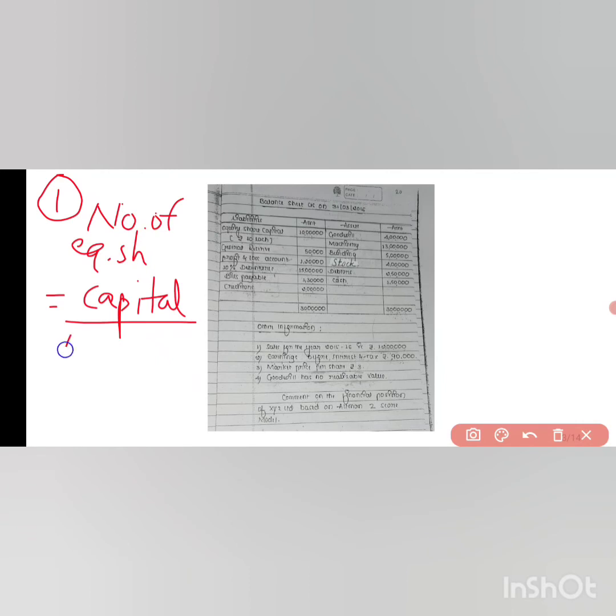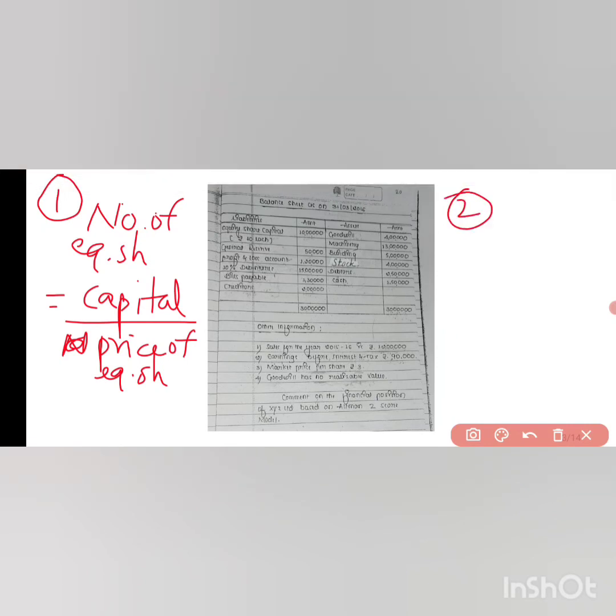I'll neatly tell you. First, what we have to do is we have to calculate the number of equity shares by applying one formula, that is equity share capital divided by price of equity share. After calculating this, we get the number of equity shares.